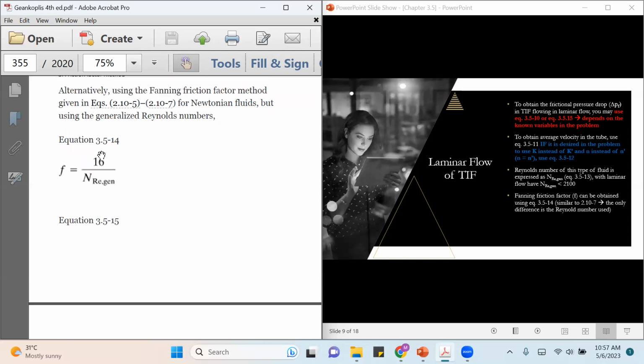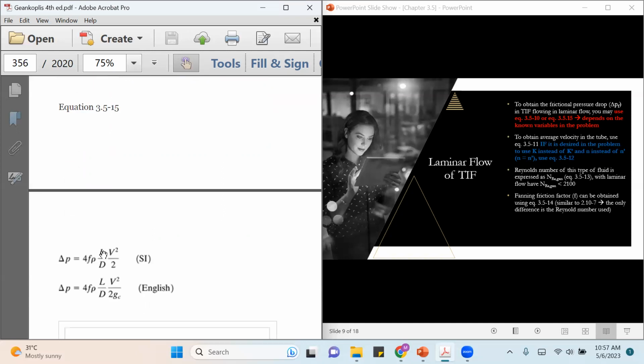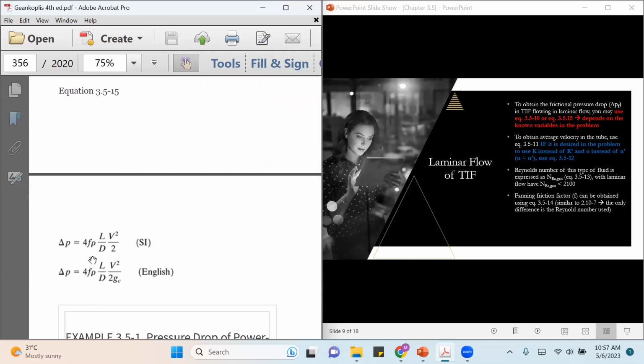So once we know the generalized NRE, then we can put it here, then we can know the Fanning friction factor. Then this Fanning friction factor can be used to calculate the pressure drop using equation 15. So depending on what you know from the problem, you can use equation 10 or equation 15 to find the delta P inside the pipe.